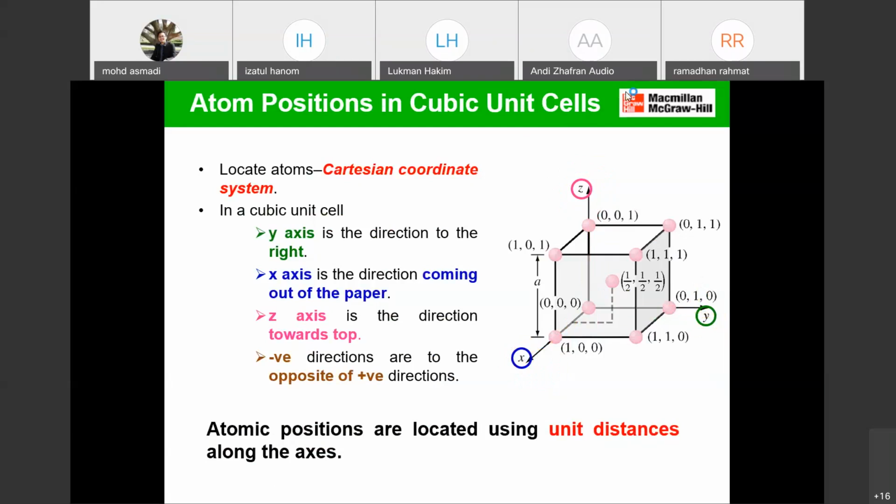Negative directions are opposite to the positive direction. So if your definition for the y direction here is positive, this direction should be negative.